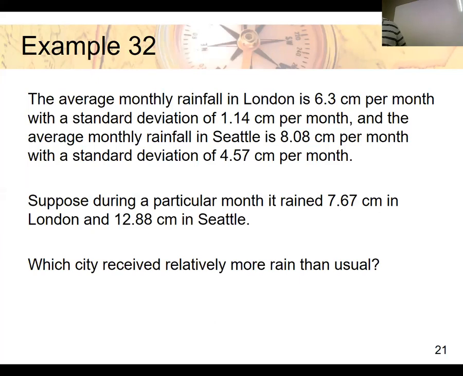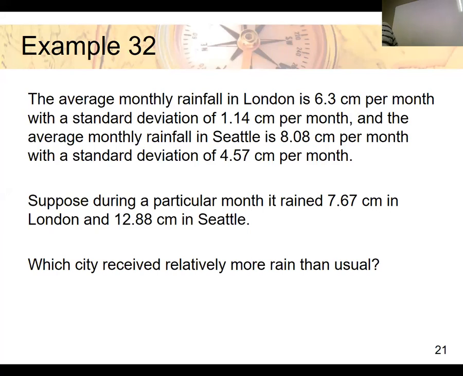Now, in this example, I know this is probably hard to see, the average monthly rainfall in London is 6.3 centimeters per month, with a standard deviation of 1.14 centimeters per month. The average monthly rainfall in Seattle is 8.08 centimeters per month, with a standard deviation of 4.57 centimeters per month.